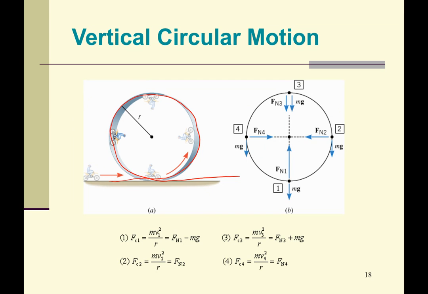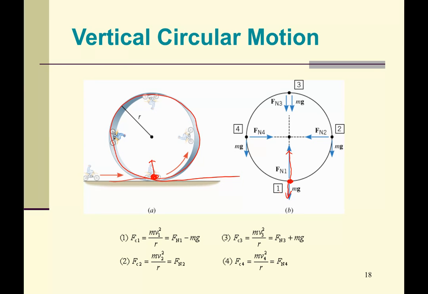And what I like about this diagram is it shows you what the sum of forces are. Down here at the very bottom, we have our normal force, which is the supporting force of the ramp, basically, or the loop, pushing up onto the bike rider. And then we have the mass times gravity of the bike rider.